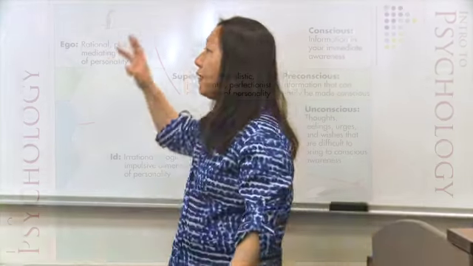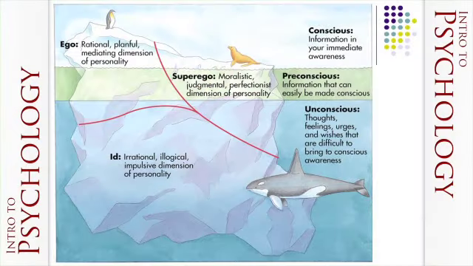So we have 3 personality components: ego, superego, and id. Okay, and ego is the rational, planful, mediating dimension of personality. It's conscious, meaning you are aware of it. So your ego is awareness. Superego, just below ego.